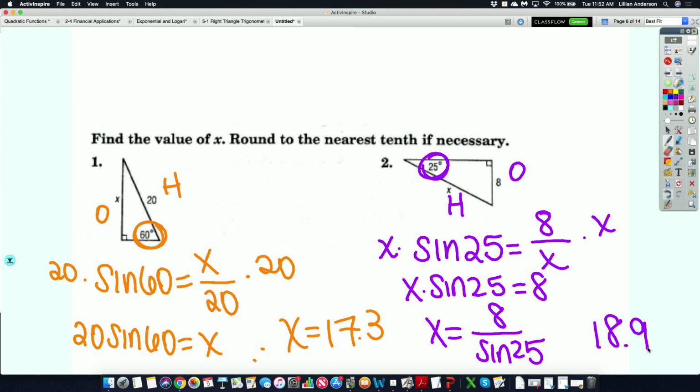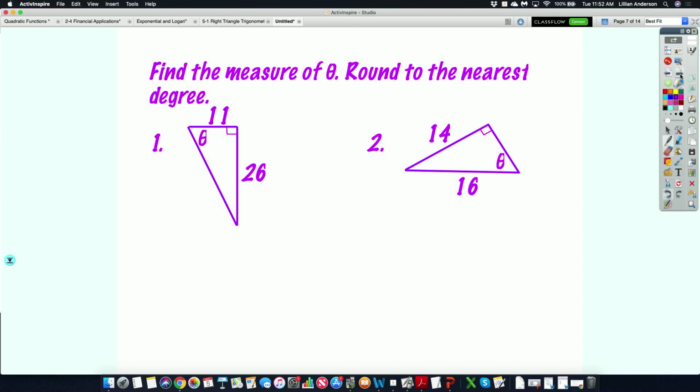This doesn't just work with finding side lengths, this also works with finding the angles as well, okay? There's a difference when you're trying to find the angle versus trying to find the side length. You still set it up the same way, but you go about solving differently. Still base everything off that acute angle. 26 is your what side?